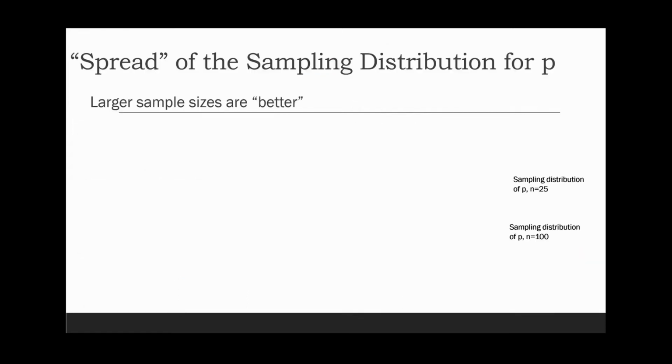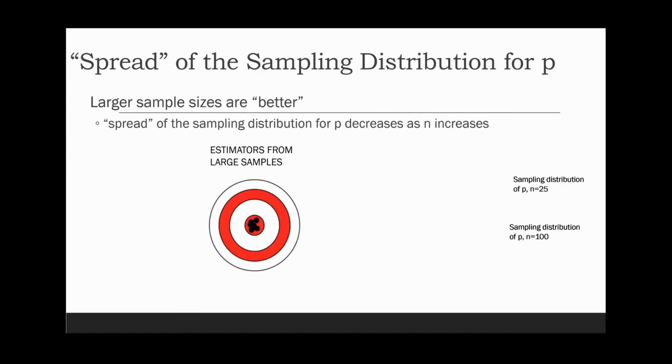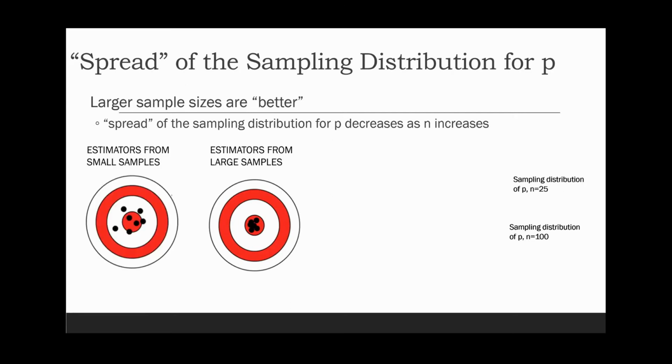Okay, so sample size. Larger sample sizes are better, and the question is why? Here's an interesting fact. Everyone knows that larger samples are better, everything else being equal. You've known that since grade school, but none of you know why. And this is what the central limit theorem tells us. Using the target analogy we talked about before, the bullseye, the thing that we want to hit, is the population parameter value.